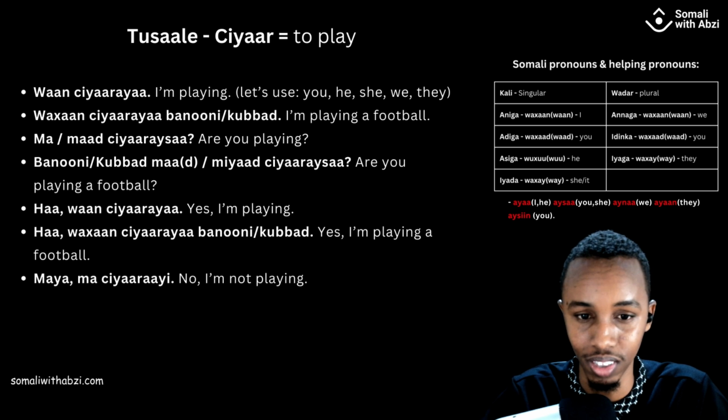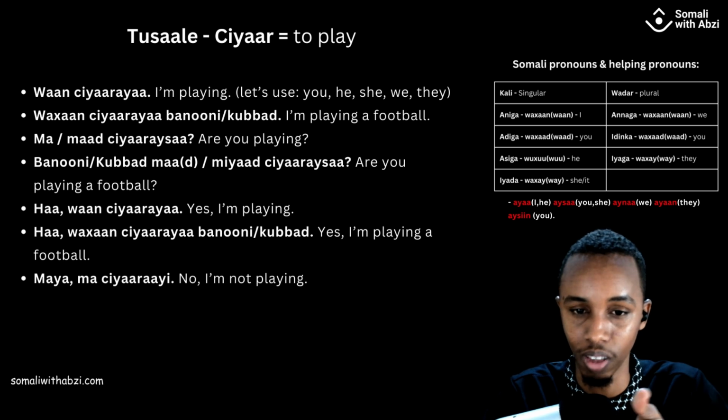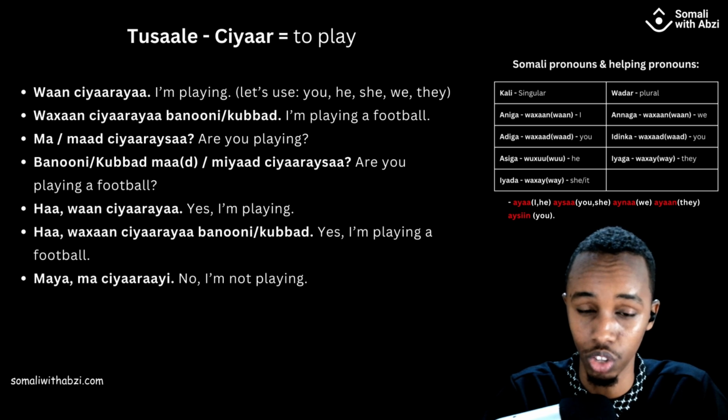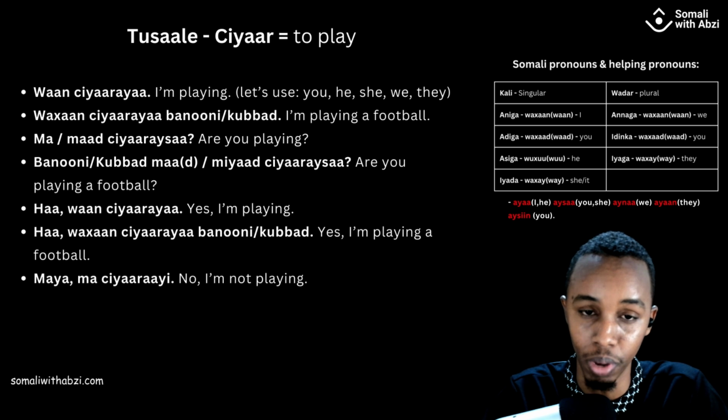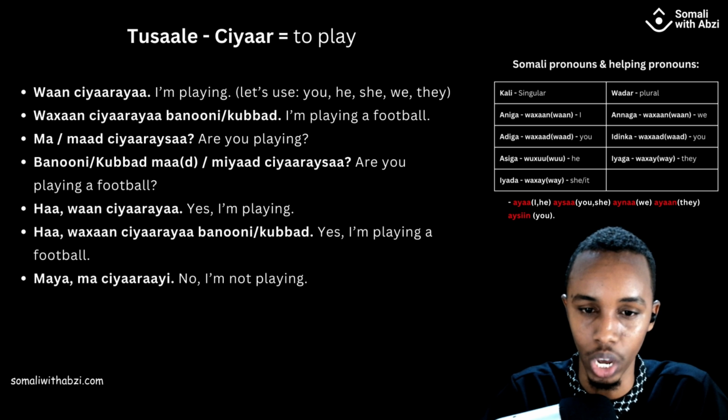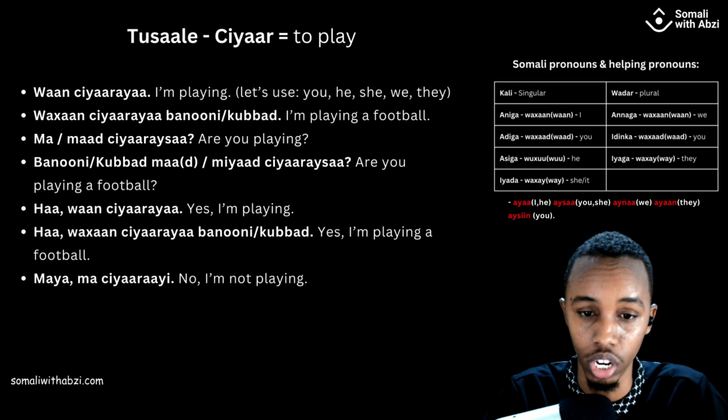Waan is for short sentences without something at the end of the verb, like I'm playing, nothing at the end. And waxaan is for long sentences, basically a complete sentence. So waxaan ciyaaraya banoni or waxaan ciyaaraya kubad. Banoni or kubad mean football in Somali, and banoni is useful in southern Somalia, konfur Somalia. Kubad is very useful in northern Somalia, waqooyi Somalia.